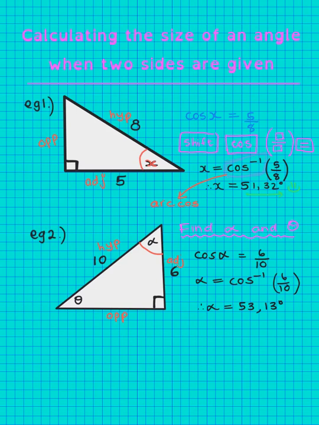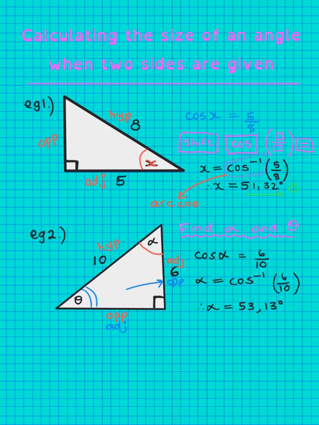Okay, so now I'm going to work with theta. If I want to solve for theta, now I need to label my triangle differently, because now the length 6, from the reference angle theta, is the opposite side. And this is now the adjacent side, the length next to the reference angle.